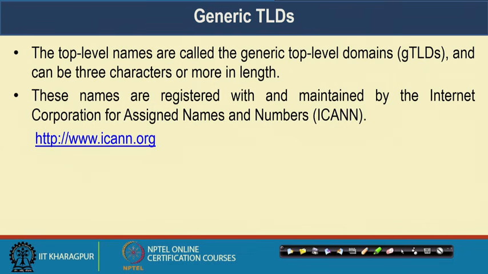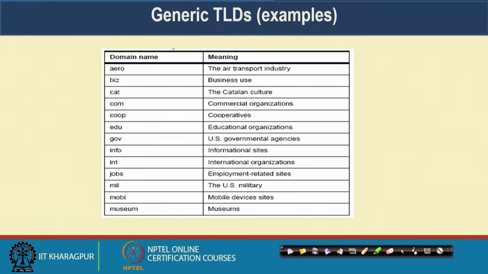So, these are top level domains which have 3 or more characters, defined by ICANN. Now, these are some examples of top level domains, like arpa, biz, etc. That is a minimum of 3 characters. There is even a top level domain called museum, which is much longer than that.